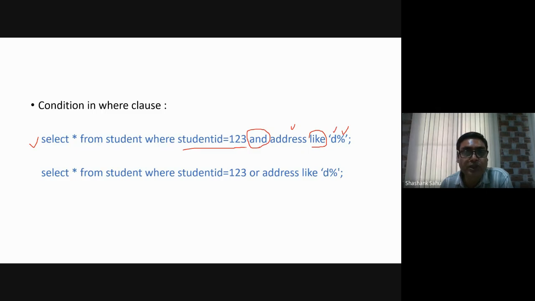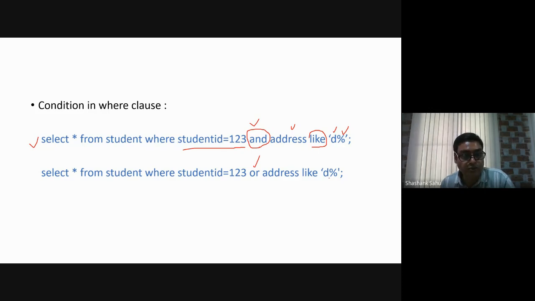In the WHERE clause we can have more than one condition. Either you can use the AND operator or the OR operator. It is your choice. AND operator means both conditions must be true, then the result will display accordingly. In the OR operation, it can have student ID 123, or it can have address like D percentage.